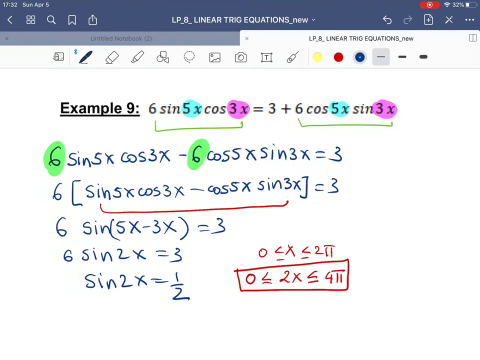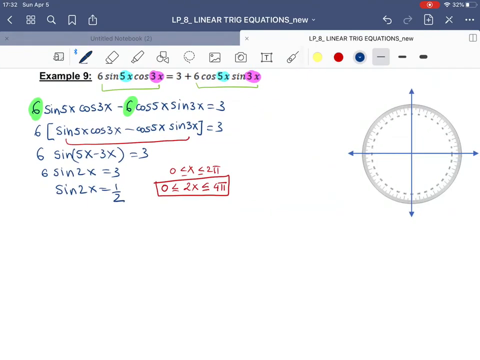Okay, so same drill as in the previous questions. So we're going to have 2x equals inverse sine 1/2. That's a special angle of pi over 6, yes. So we're going to say pi over 6, where are you?